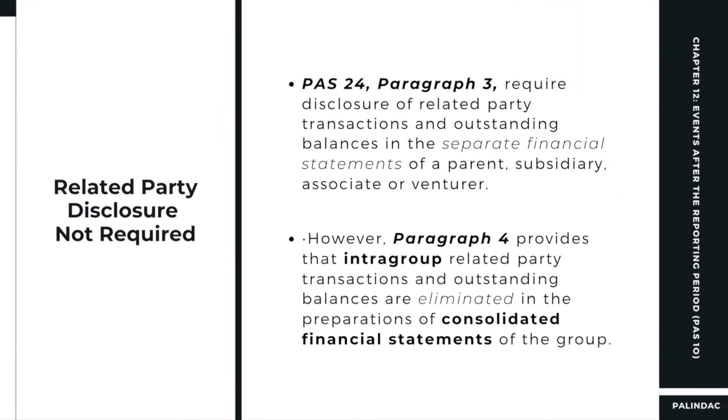Related party disclosures not required. PAS 24 paragraph 3 requires disclosure of related party transactions and outstanding balances in the separate financial statements of a parent, subsidiary, associate, or venturer. However, paragraph 4 provides that intra-group related party transactions and outstanding balances are eliminated in the preparation of consolidated financial statements of the group.